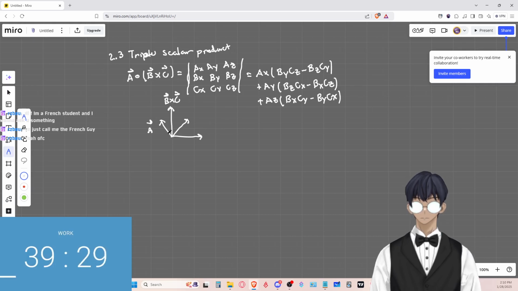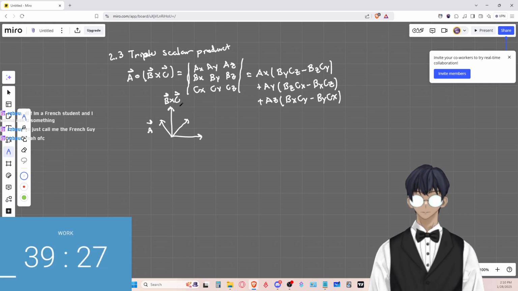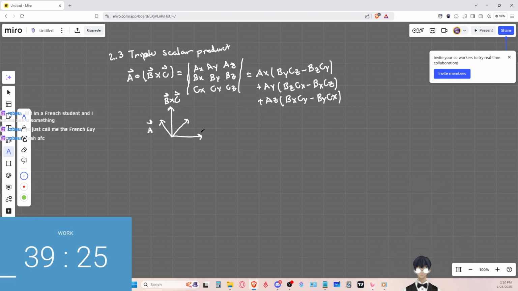Then we have to do the dotted lines. Do like that, do like that. Beautiful.